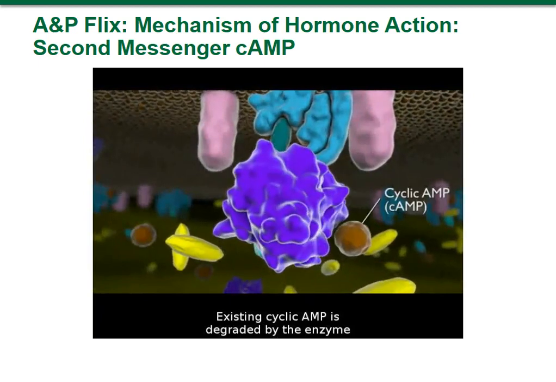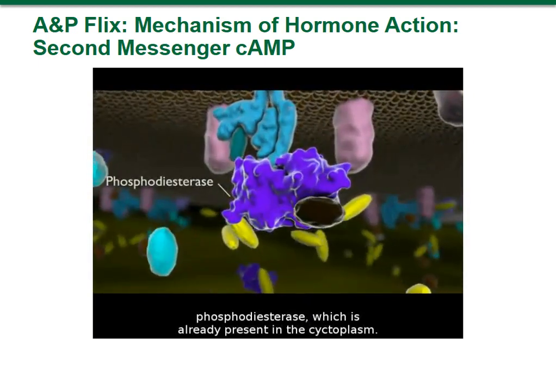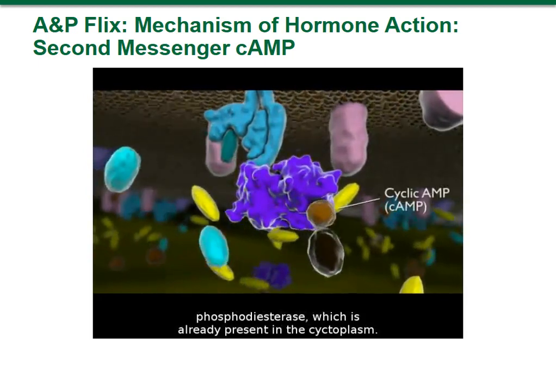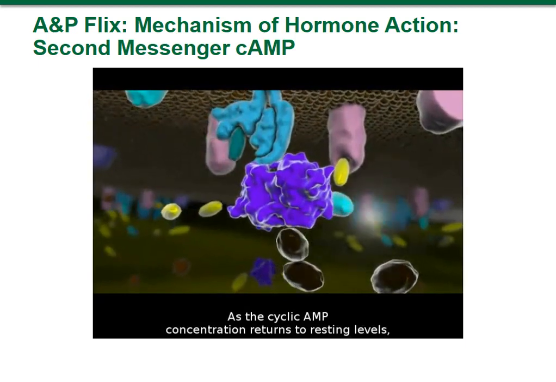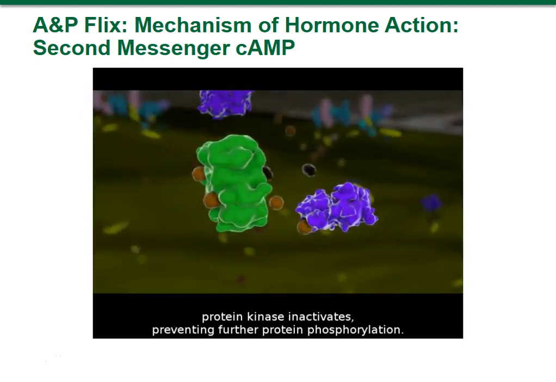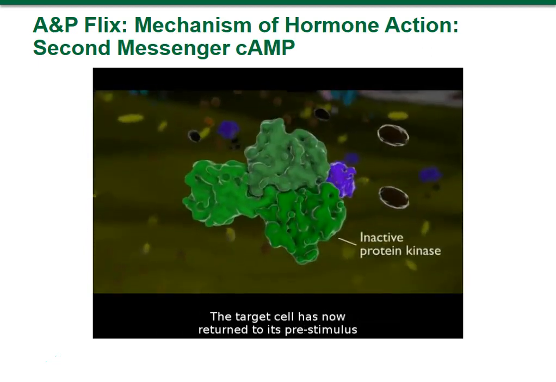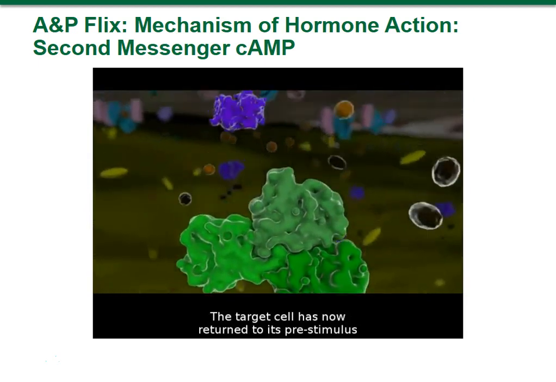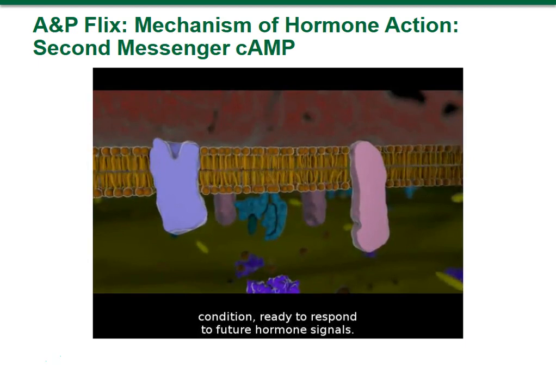Existing cyclic AMP is degraded by the enzyme phosphodiesterase, which is already present in the cytoplasm. As the cyclic AMP concentration returns to resting levels, protein kinase inactivates, preventing further protein phosphorylation. The target cell has now returned to its pre-stimulus condition, ready to respond to future hormone signals.